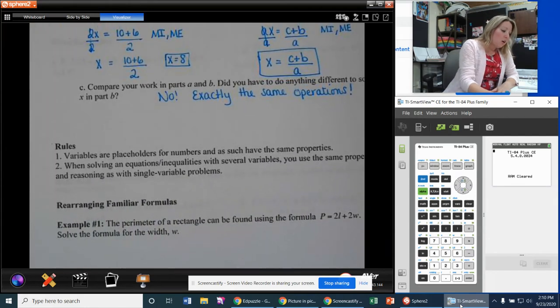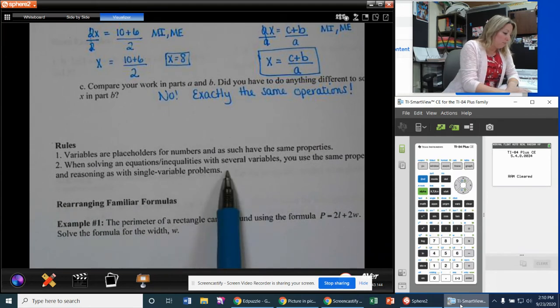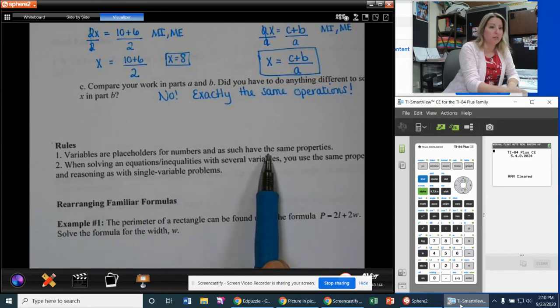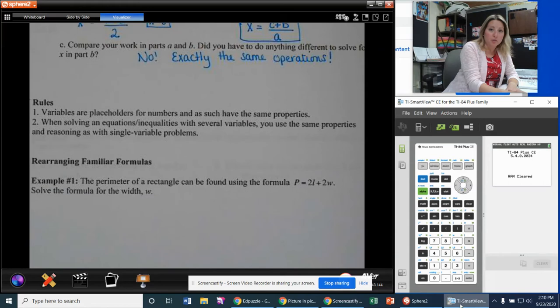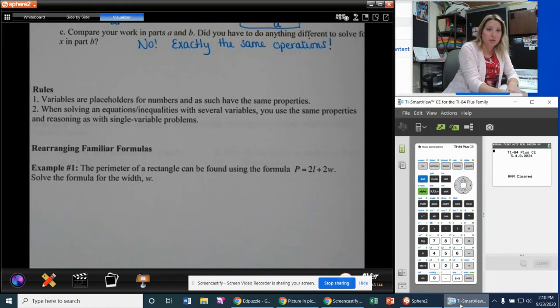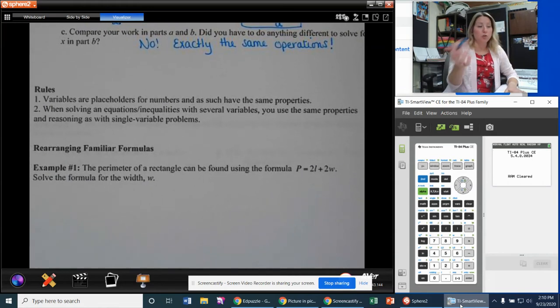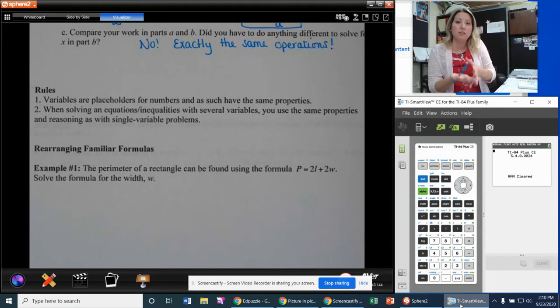And then, again, because variables have the same properties as regular real numbers, you need to use those same ideas using your opposite operations, okay? Getting that variable alone.